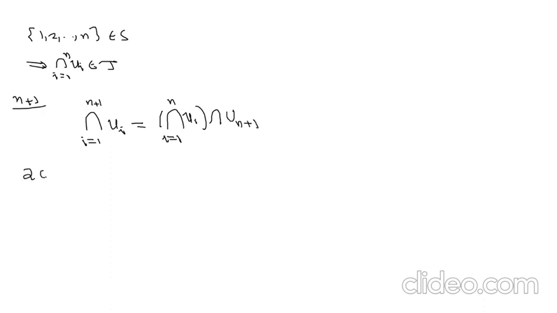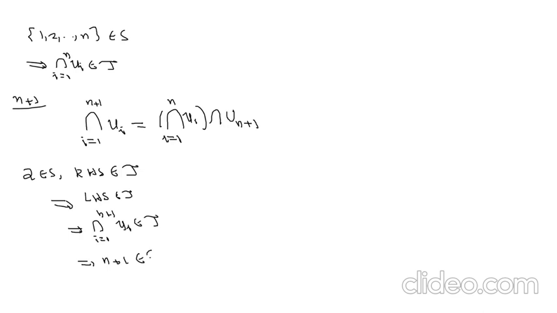And since 2 belongs to S, we can say that the right hand side belongs to tau. That implies the left hand side also belongs to tau. That means the intersection over i equal to 1 to n plus 1 of Ui also belongs to tau. So we get n plus 1 belongs to S. So by the induction hypothesis, the result is true for n plus 1 also. Therefore, we can say that the result holds for all n greater than or equal to 1. Hence, the proof.